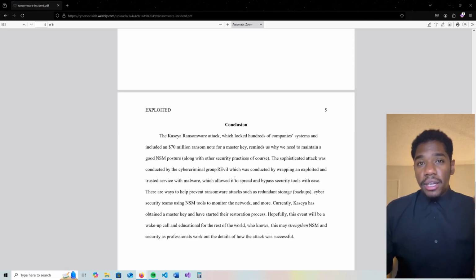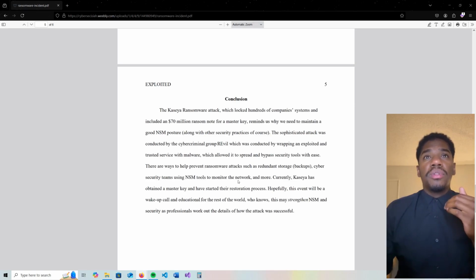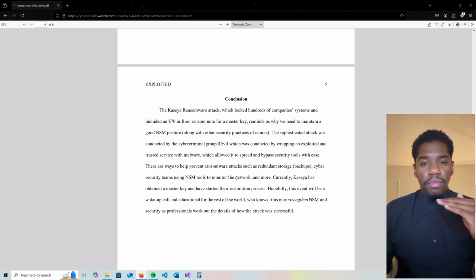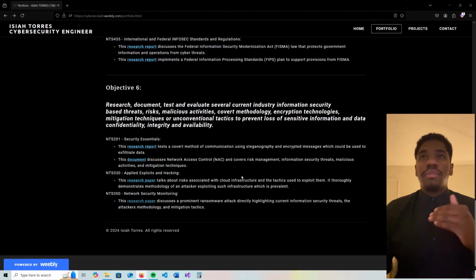Had they had backups and a policy for shutting down their systems and restoring from backups, then they could have prevented the entire attack. So this report thoroughly explains what happened, how they responded, and how they could have mitigated or prevented that type of attack, directly relating to loss of sensitive information, mitigation techniques, malicious activities, and information security-based threats, which are prevalent today.